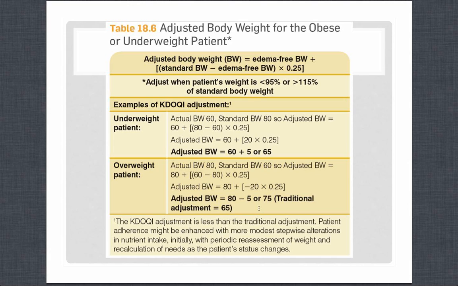This is basically related to fluid balance and learning how to calculate some fluid balance, but it also helps you adjust your protein requirements and calorie requirements for these individuals.